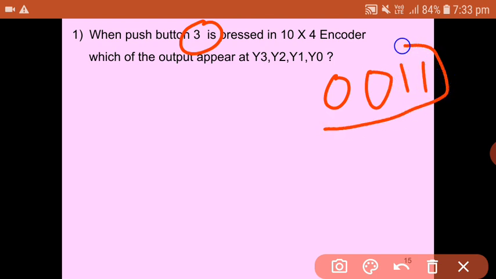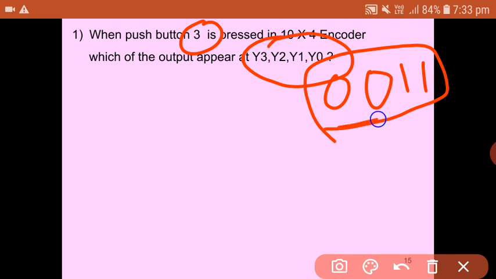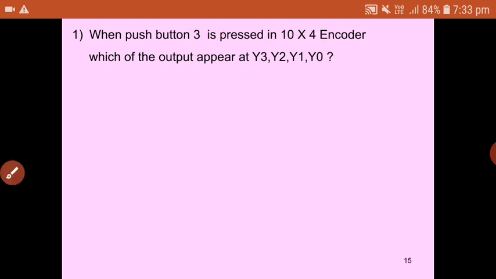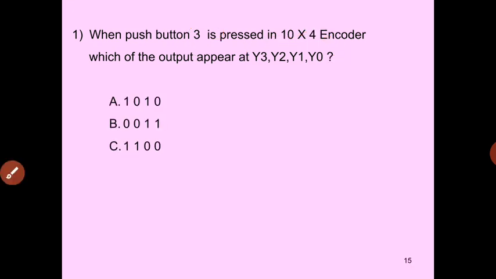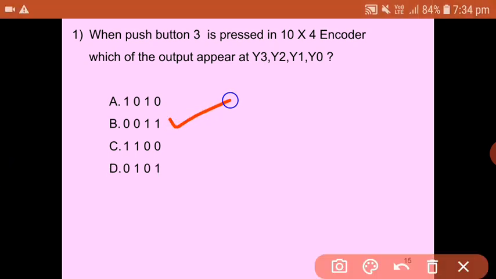So Y3, Y2, Y1, Y0 will be equal to 0011 respectively. So the answer will be 0011, and option B is correct for push button 3 press.